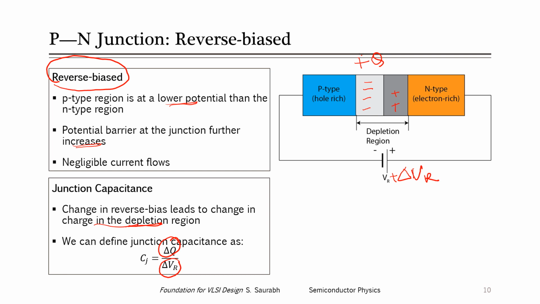Initially it was Q, and after we changed the voltage from VR to VR plus delta VR, the charge changes by delta Q in the depletion region. So we define the junction capacitance as delta Q by delta VR. Note that the definition of capacitance is C equal to Q by V, but in this case, we are defining the junction capacitance as an incremental capacitance, Cj equal to delta Q by delta VR.